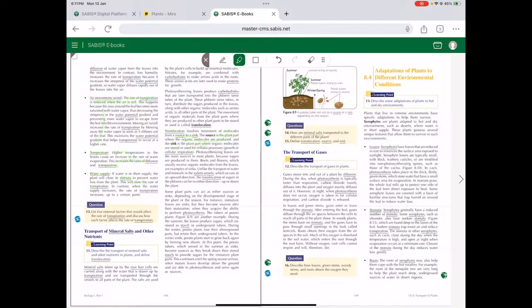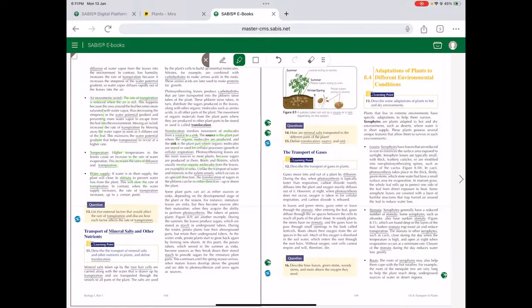So the leaves that are photosynthesizing will be the sources. However, roots and flowers, they receive these organic molecules, are what are going to be the sinks. And look here, the difference between xylem and phloem. In xylem, it's an upward direction. However, in phloem, it can be in either direction, up or down. These are very important to know.